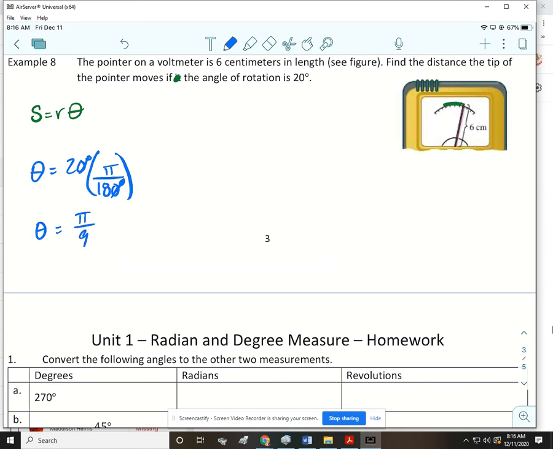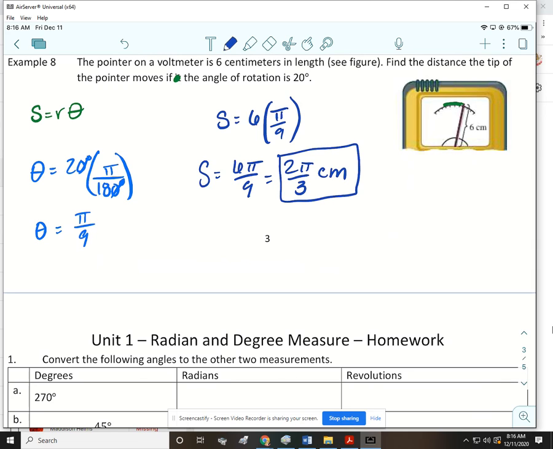So our theta is pi over 9. All right, and then we'll just take that and multiply it by the radius, which is 6 centimeters. Okay. So 6 pi over 9 is going to reduce to 2 pi over 3. And that unit should match the radius unit exactly.